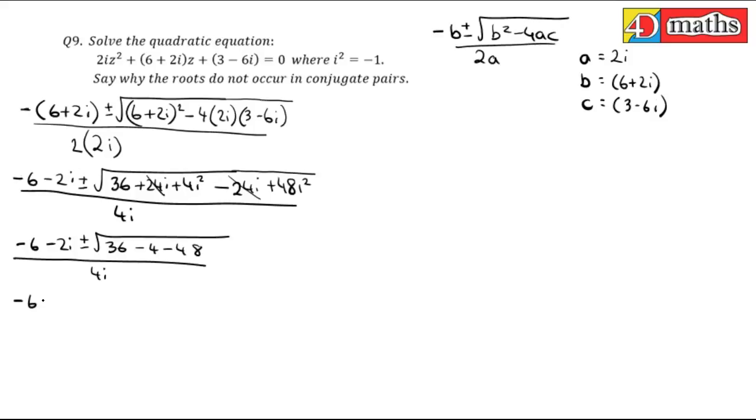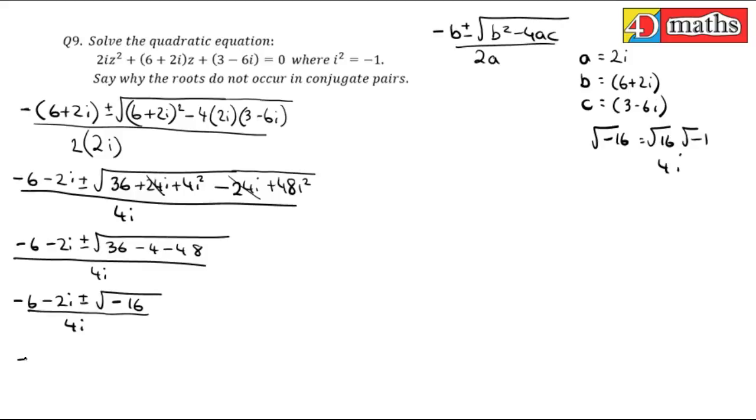So minus 6 minus 2i plus or minus the square root of minus 16, over 4i. So what is the square root of minus 16? Well, the square root of minus 16 is equal to the square root of 16 times the square root of minus 1, which is 4i.